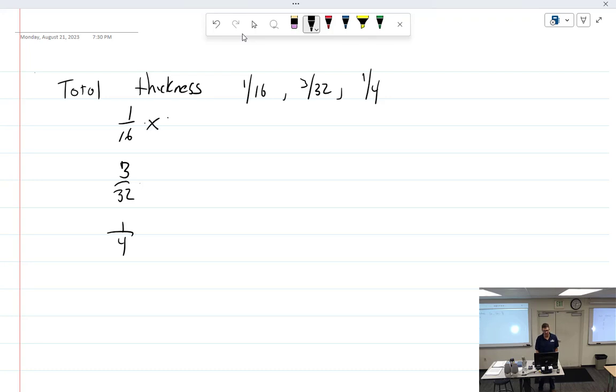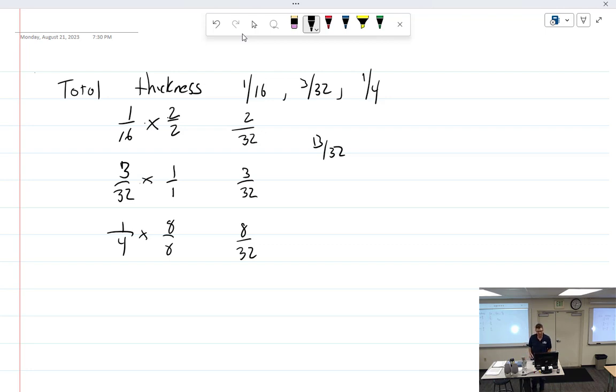So 1/16 times 2 is 2/32, the 3/32 stays, and 1/4 times 8 is 8/32. We add the 2 plus 3 plus 8, that's 13, so 13/32. All right, if you want to do it longhand, but we don't have to, do we?